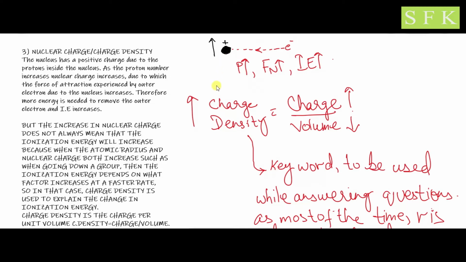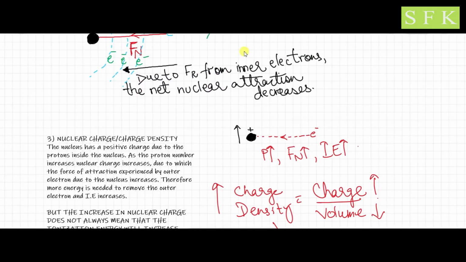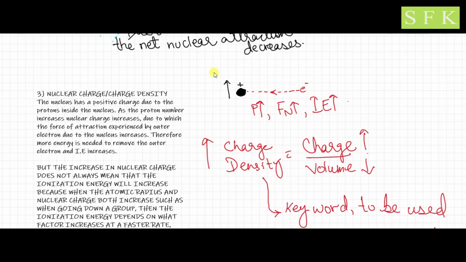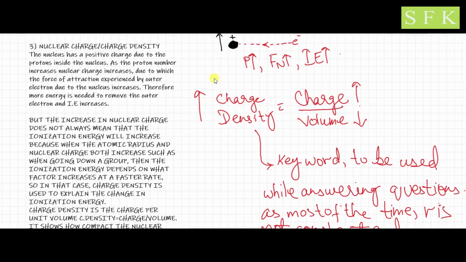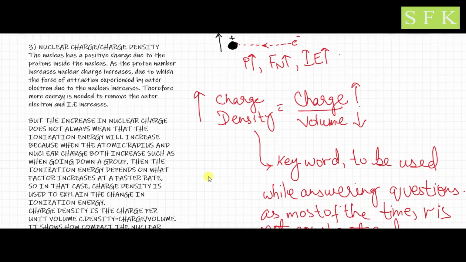We've studied it earlier up here that increase in radius decreases ionization energy, but increase in nuclear charge actually increases ionization energy. So in this case, this term over here, the charge density, is a term that has a relation between nuclear charge and the atomic radius.